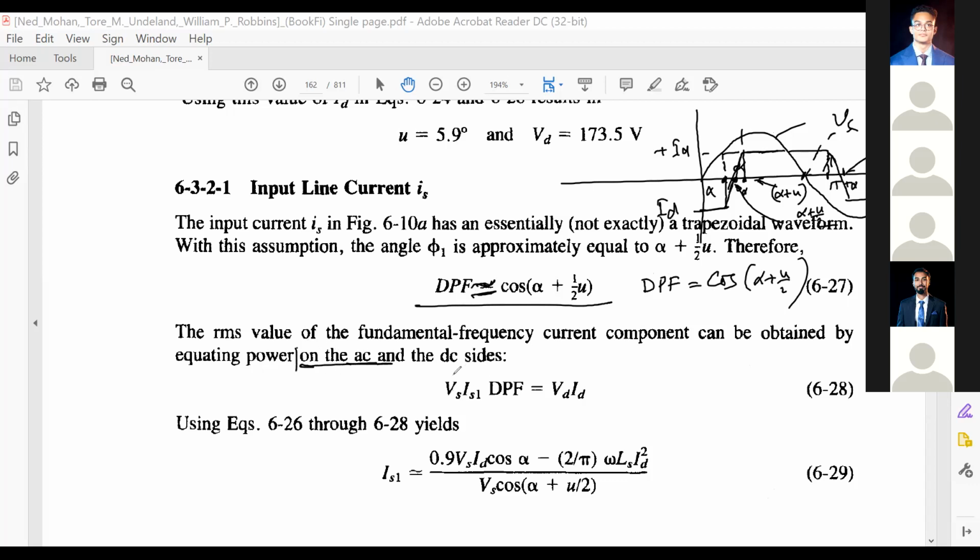And from the AC side, we know that Vs IS1 times the displacement power factor will be this one, and the output power will be VD ID. If we equate this, then we can find the equation of IS1. Can I ask you what will be the value of IS1 if LS equal to 0?